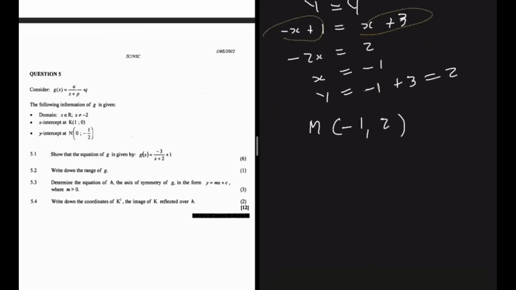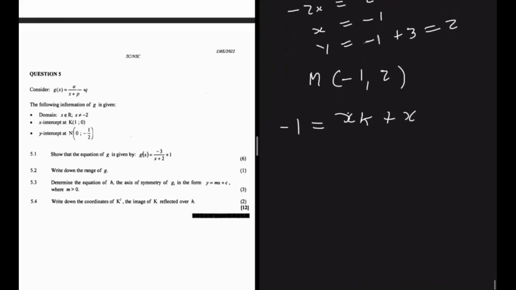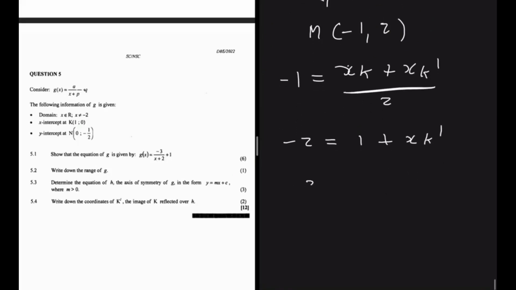So now we can find the coordinates of k using the midpoint. So we're gonna say minus 1 is equal to x of k plus x of k subscript divided by 2. If we cross multiply, we're gonna get minus 2 is equal to x of k, which is 1, plus x of k subscript. So x of k subscript is equal to minus 3.